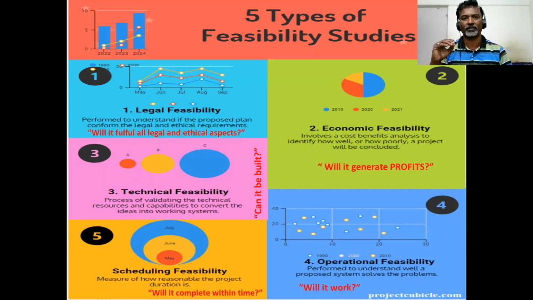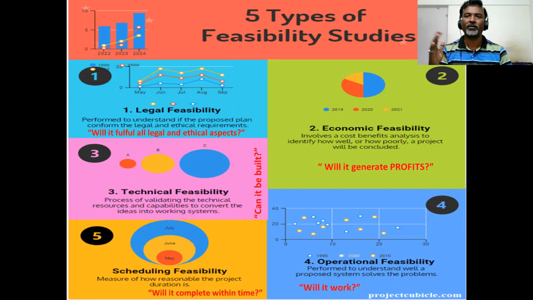If you develop the application not as per the standards of ISO or IEC, then your system may be of no use, because it does not fulfill the legal constraints required for ISO certification. Or the system you are developing should be secure and safe from different types of threats. Then you can say the system is legally feasible.